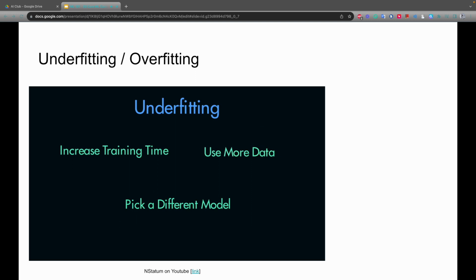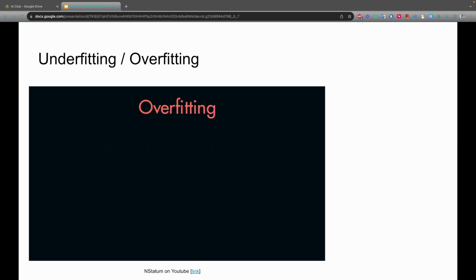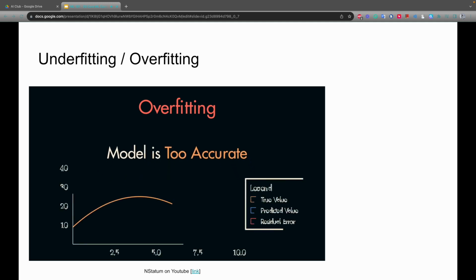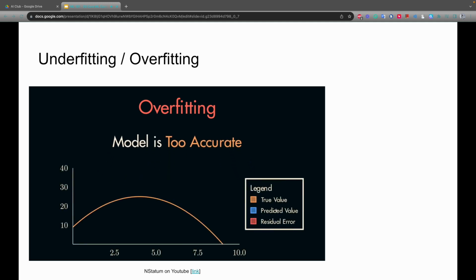While underfitting is quite straightforward, overfitting tends to be less intuitive. Overfitting essentially occurs when your model is too accurate. What this means in practice is that the model has learned patterns that are only in the training data, effectively using the random noise that arises in real-world samples to make predictions.